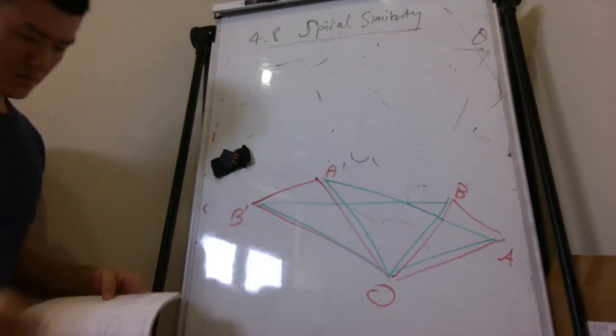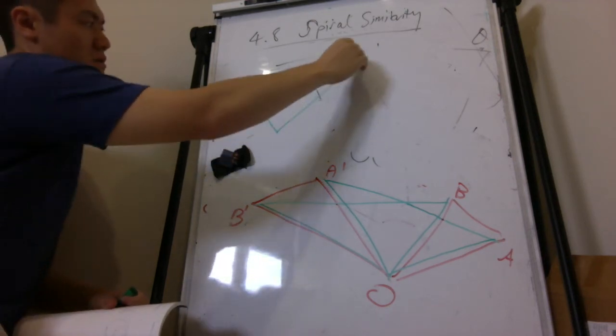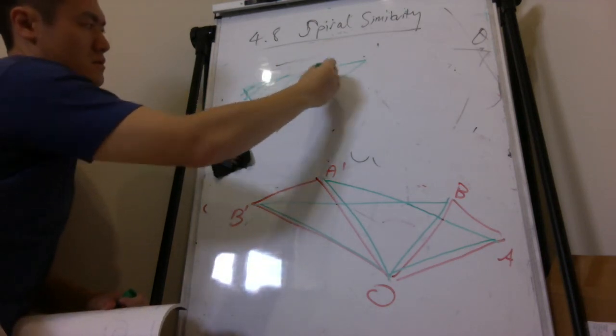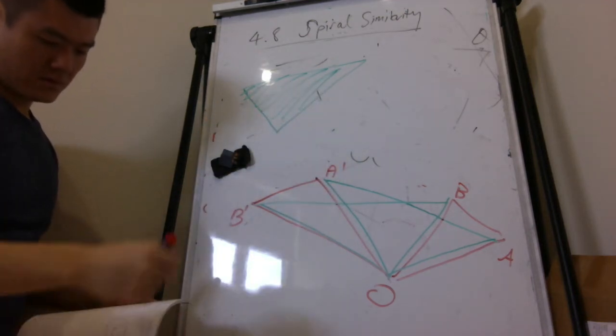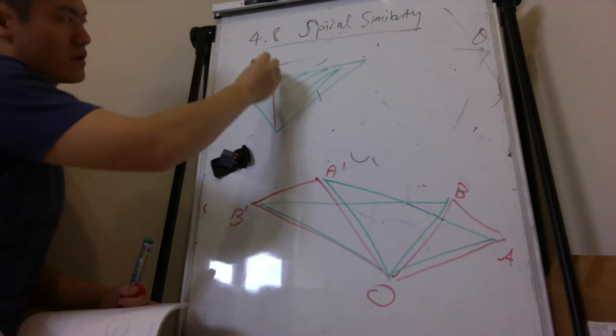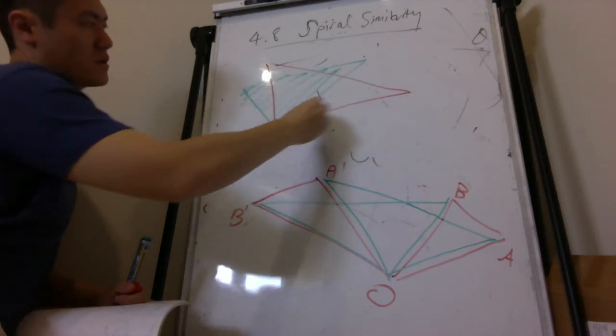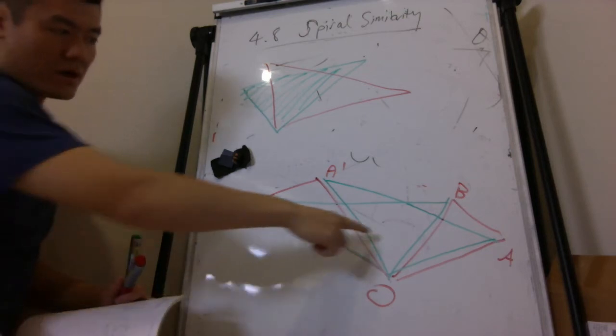It was partially damaged. You have a triangle like this. It is pretty bad. A similar triangle like this. Wait, they can overlap. They overlap. Look.